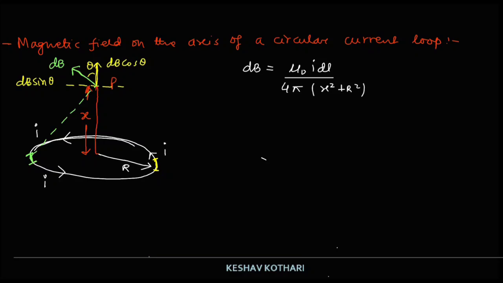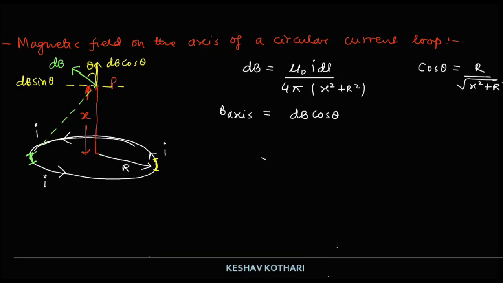Now if we calculate the value of magnetic field on the axis of the current carrying circular coil, it is equal to dB cos theta. From here I can write that the value of cos theta is equal to r upon under root of x square plus r square.